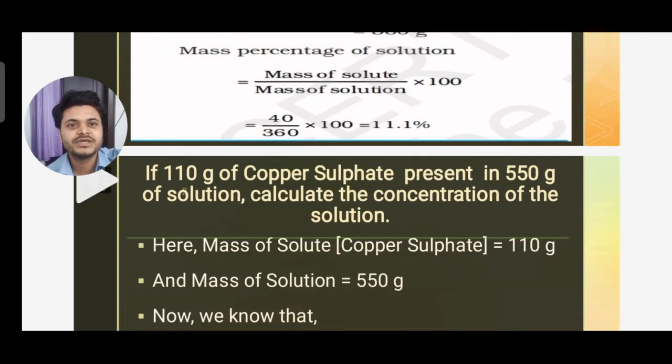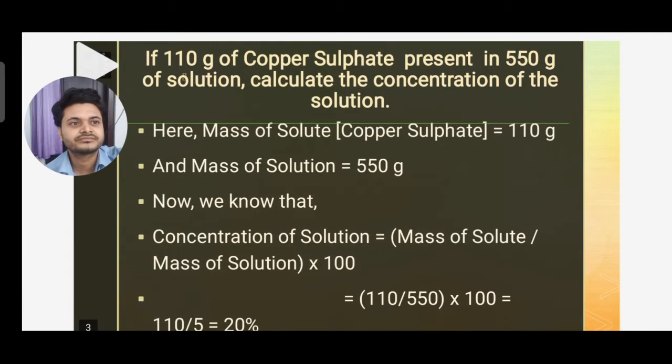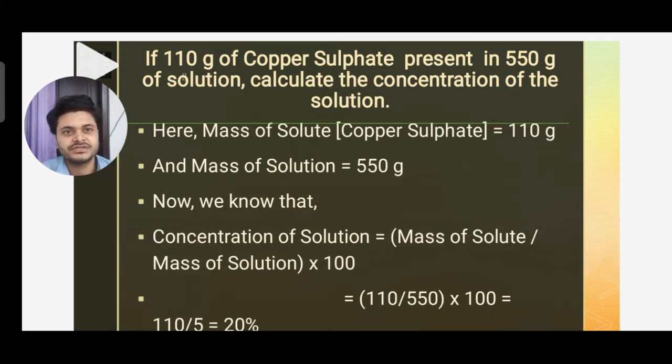Let's see the next problem. If 110 gram of copper sulfate is present in 550 gram of solution, then calculate the concentration of solution. You have to read the question very nicely.